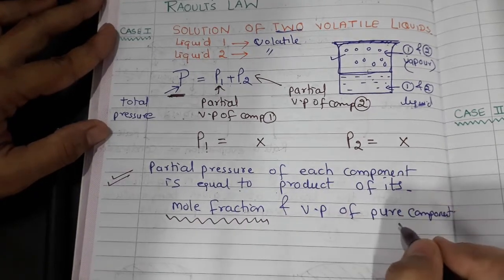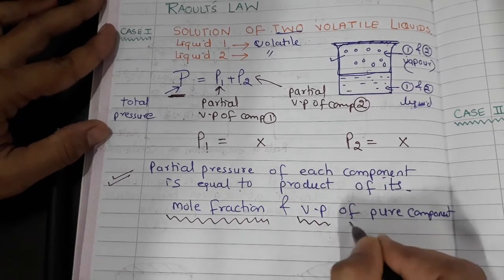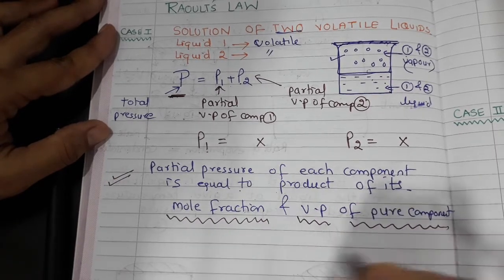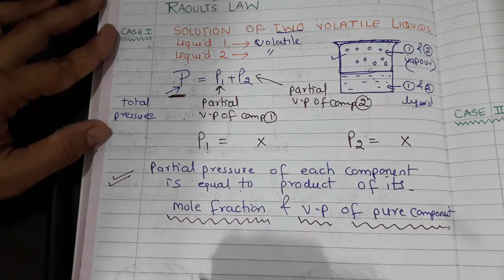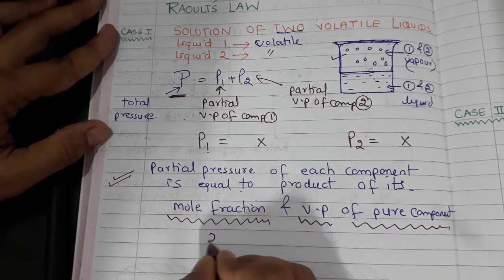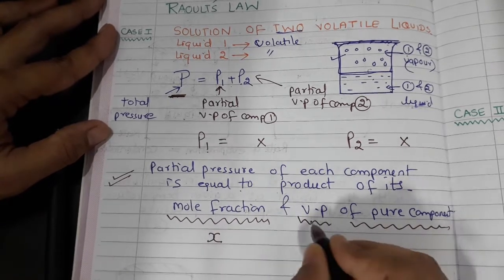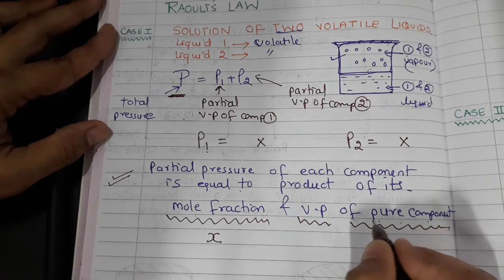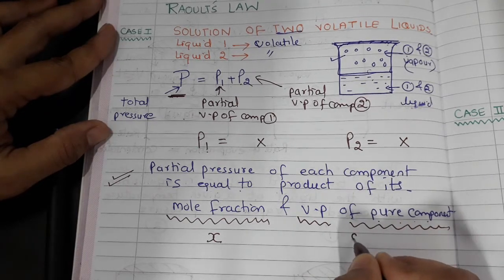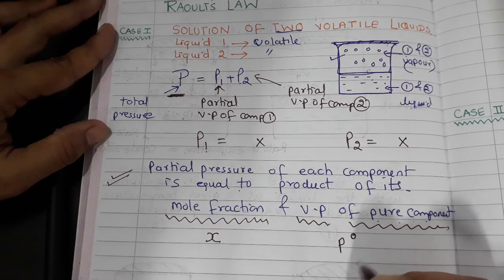One is mole fraction, second is vapor pressure of the pure component. Now we give a symbol to mole fraction as X. And vapor pressure of pure component, when it is pure component, I would write naught. So I write P naught.